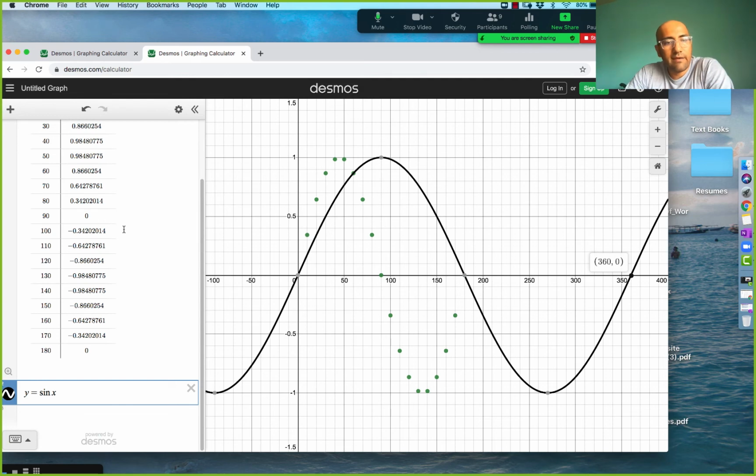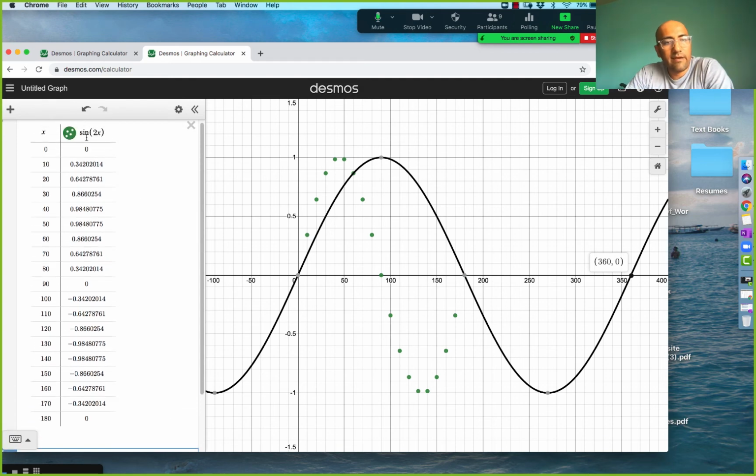But because I have twice x in here, this multiplication of a 2 causes me to go through my period faster. Right? Every time you input an angle, I'm going to double it. So this is the result of sine 20 degrees, even though I'm inputting 10.